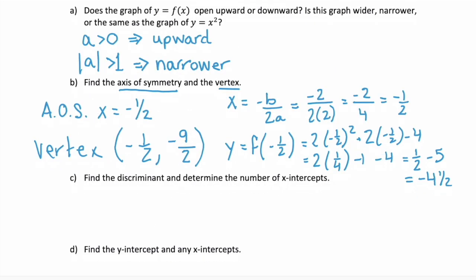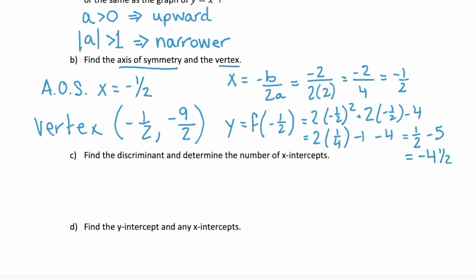So let's see what question C asks. Find the discriminant and determine the number of x-intercepts. Well, the discriminant will always tell you how many x-intercepts you have. And remember, the discriminant is the radicand from your quadratic formula, or b squared minus 4ac. And b was 2.